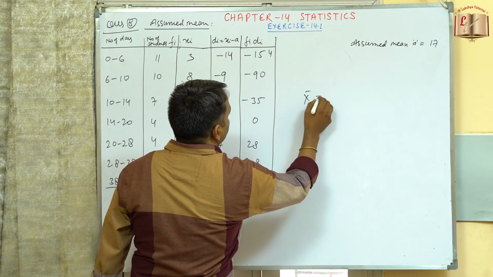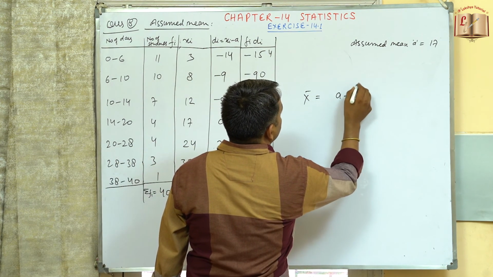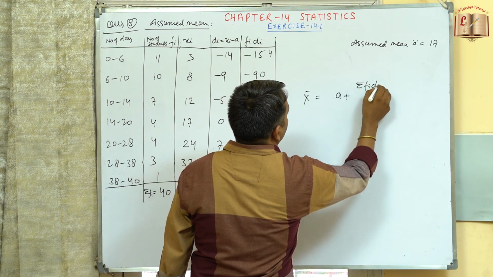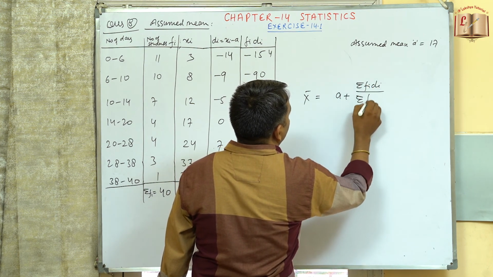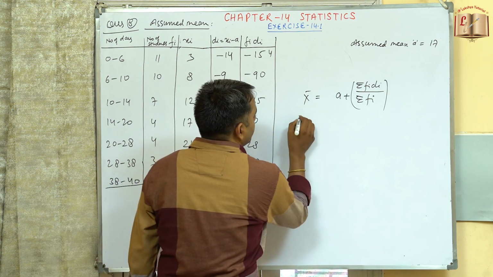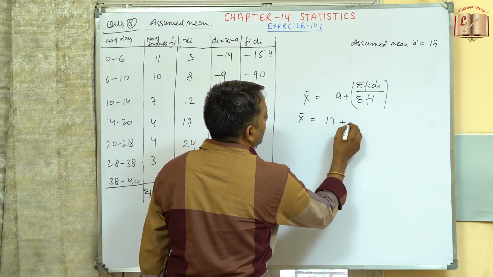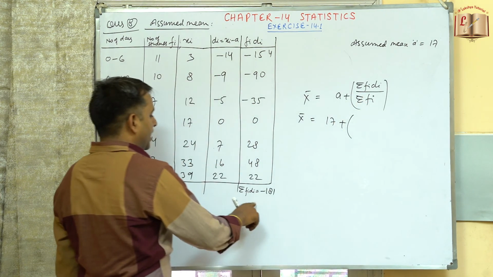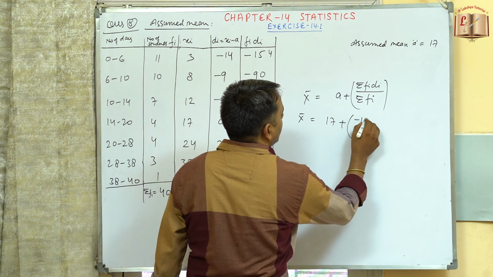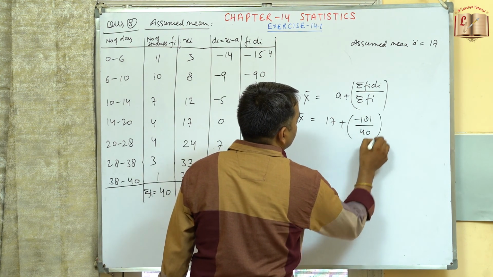Now we can find the mean. So mean will be a plus sigma fi di divided by sigma fi. Substituting the values, mean equals a, 17, plus sigma fi di, minus 181, divided by sigma fi, 40.